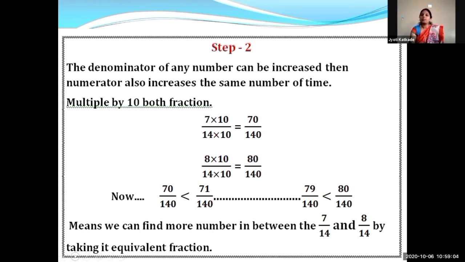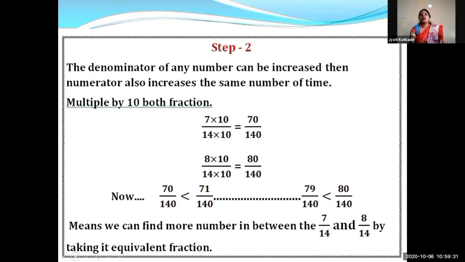Now multiply 7/14 by 10. When we multiply 7 by 10, we get 70, and 14 tens are 140. Now multiply 8/14 by 10 also. 8 into 10, we get 80, and 14 into 10, we get 140.